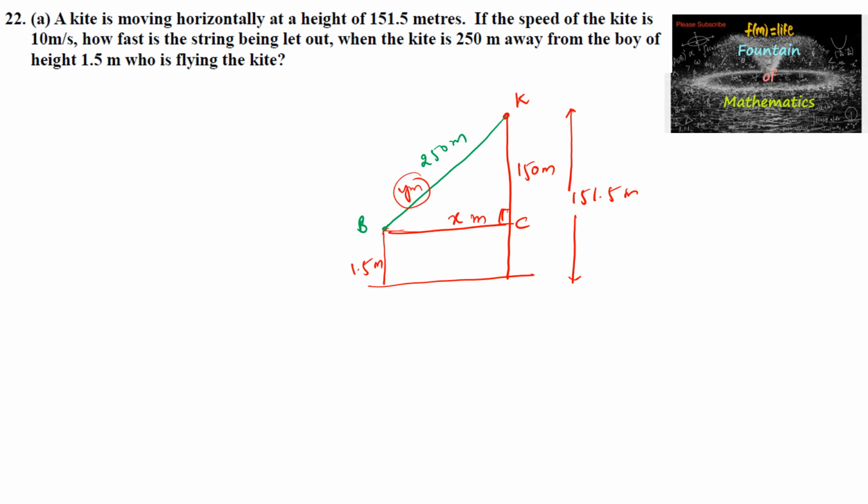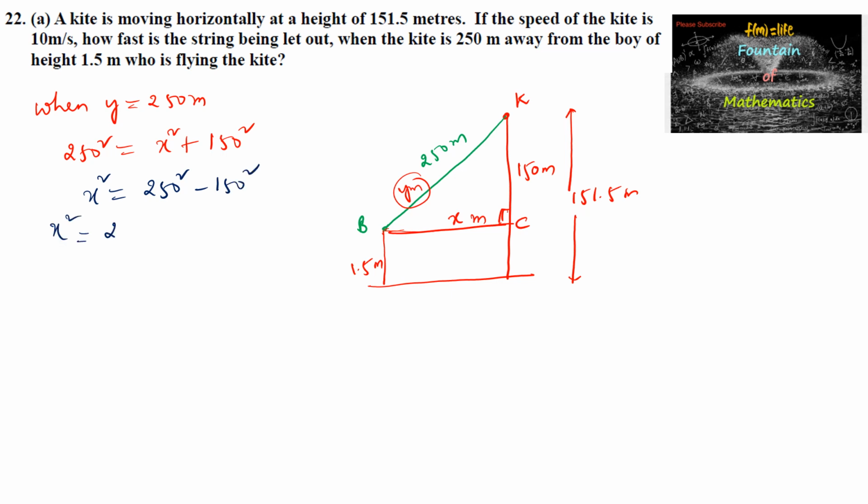We have the relation when y is equal to 250 meters. So we have 250 square is equal to x square plus 150 square. That is x square is equal to 250 square minus 150 square.